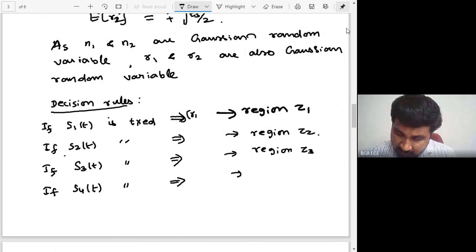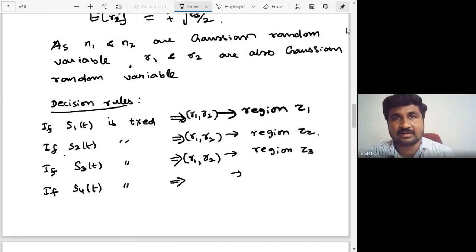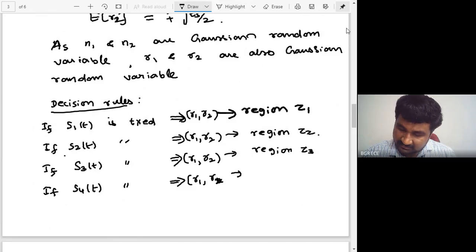That is, the coordinates R1, R2 should lie in region Z1. The coordinates R1, R2 should lie in region Z2 when S2 of t is transmitted. And the coordinates R1, R2 should lie in region Z3 if S3 of t is transmitted. If S4 of t is transmitted, the coordinates R1, R2 should lie in region Z4.